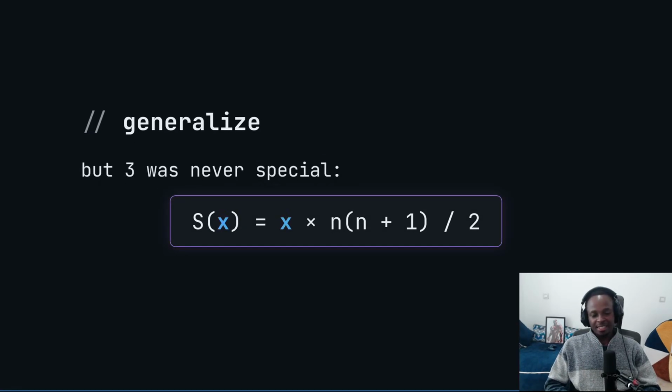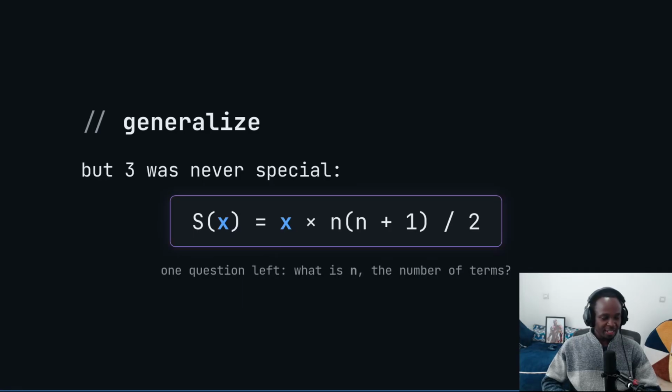But 3 isn't really special in this case. That can be 3, 5, whatever number we decide to find the multiples of. So if we replace it by an x, an arbitrary variable, that's going to be x times that formula.